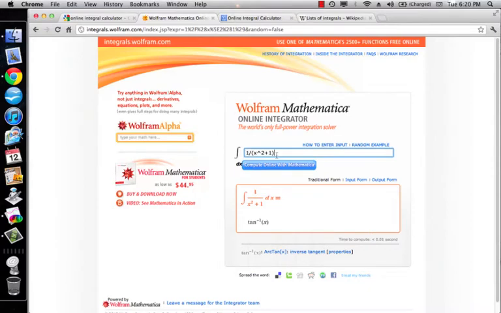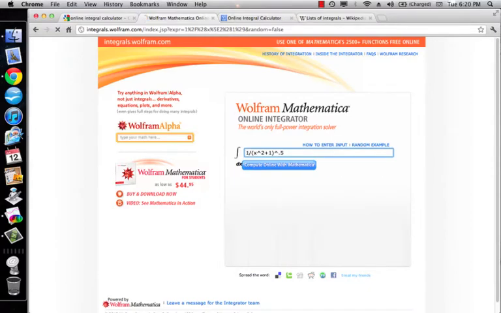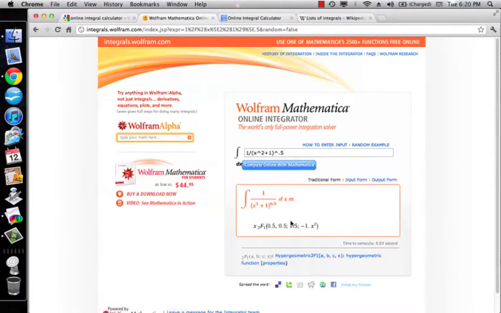Now let's take that to the power 0.5. And now this one gives me this hypergeometric thing, which is confusing to me.